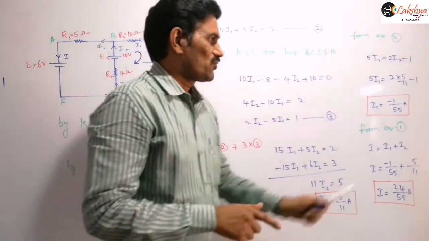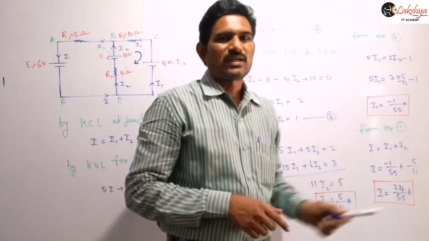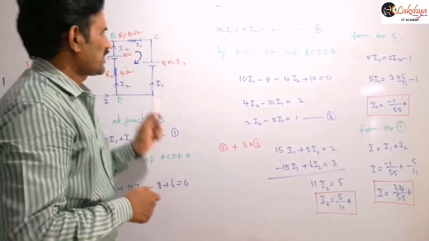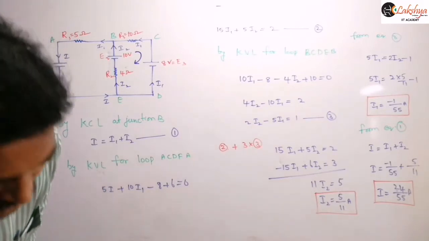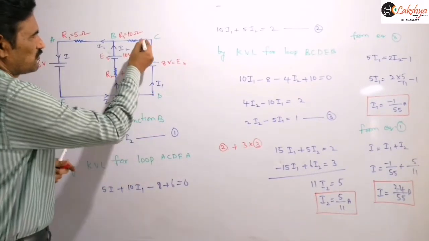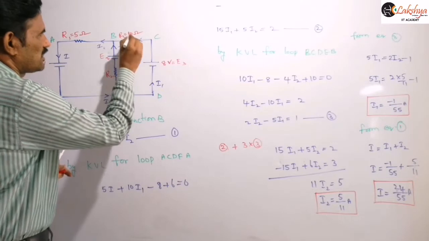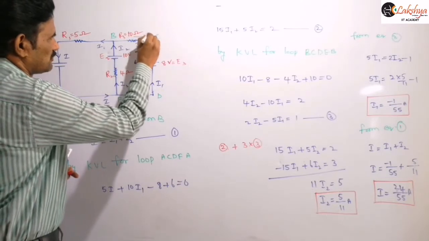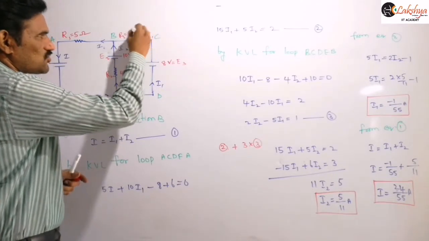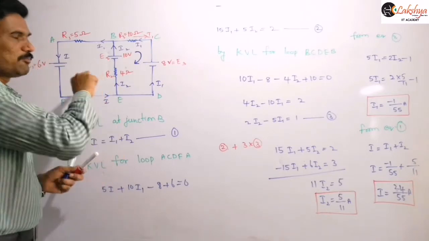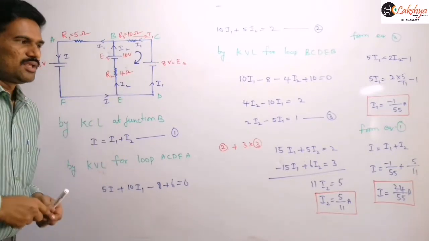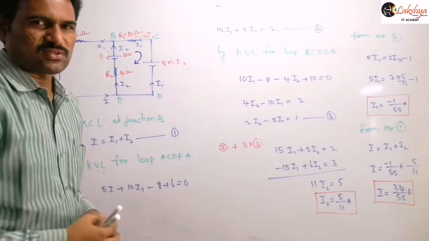So here we are getting the current as negative. A negative current means the actual current is flowing in the opposite direction. We assumed current is flowing from C to B, so actually the current is flowing in this direction. This is the final conclusion for us: current is flowing from B to C, not from C to B. That is the indication of the negative sign, as we discussed already.